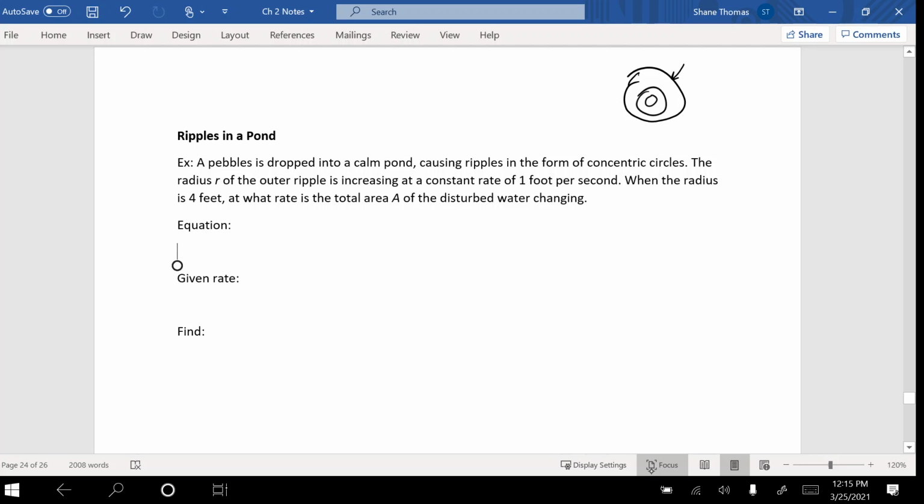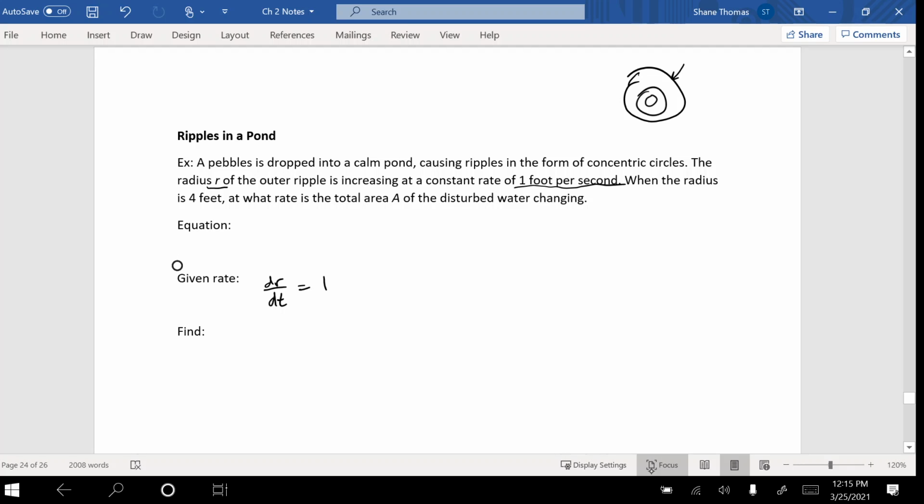So given rates, do we have any one of those? We have 1 foot per second, right? Now what is that? That's the rate of the radius, correct? So we'll call that dr/dt, the radius's rate with respect to time. And we'll say that's 1.